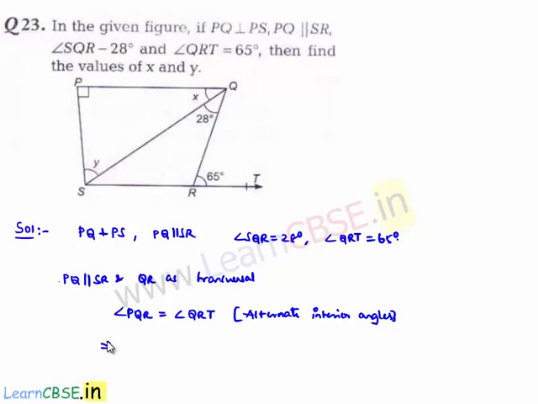That implies angle PQR is nothing but X plus 28 degrees, that is equal to angle QRT, which is 65 degrees, which implies X is equal to 65 degrees minus 28 degrees, that is equal to 37 degrees. Therefore we got the value of X as 37 degrees.